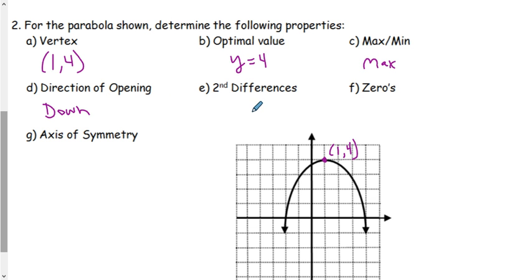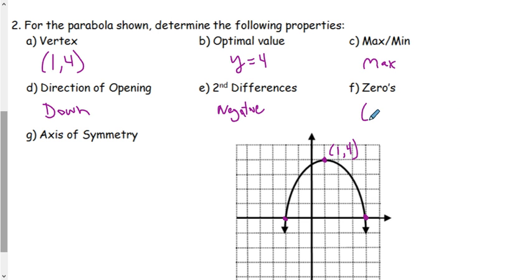The second differences. Now, from this, I don't have to write what the second differences are. I need to know if they're positive or negative. It opens down, so I know my second differences must be negative. So I got negative second differences because it opens down. What are my zeros? Now, I could write these as x equals whatever because they are x-intercepts. Zeros mean x-intercepts.